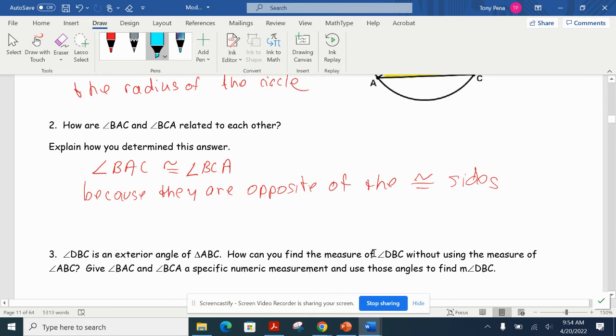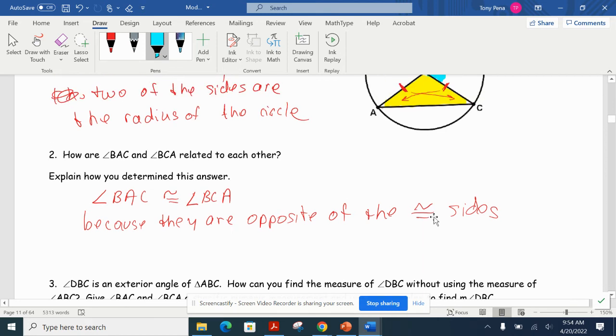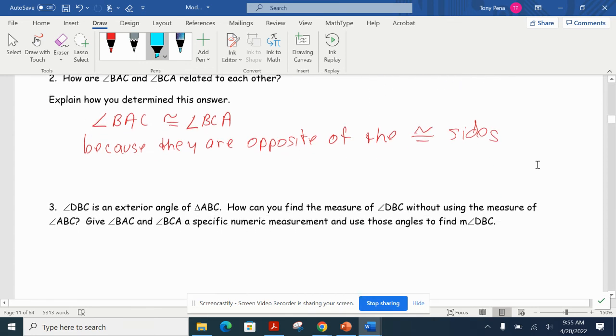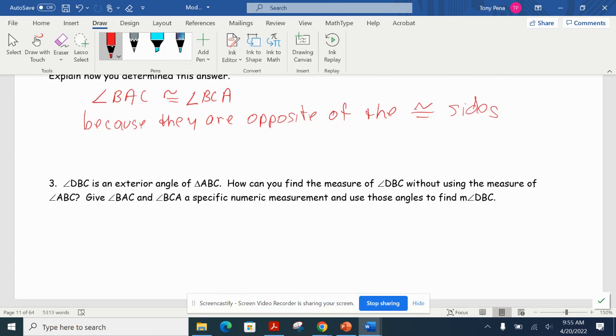It says, how can we find the measure of angle DBC? So DBC, if we don't know this angle right here. All right. Well, what this gets at, so let me draw in as a quick little refresher. When we were to have a triangle that looks like this, and then we would have an exterior angle. Let's see if this refreshes our memory a little bit.